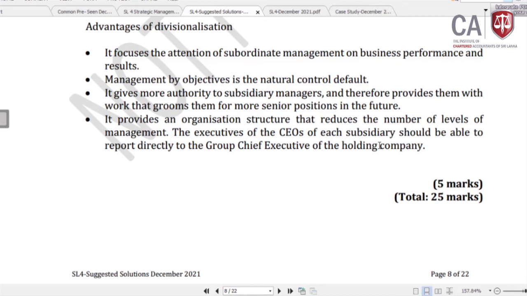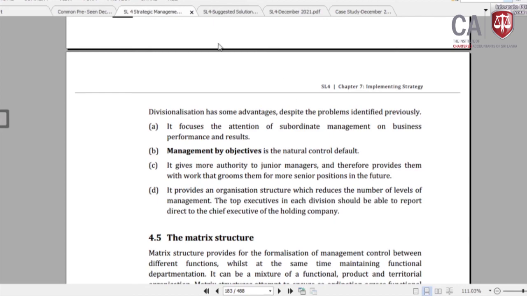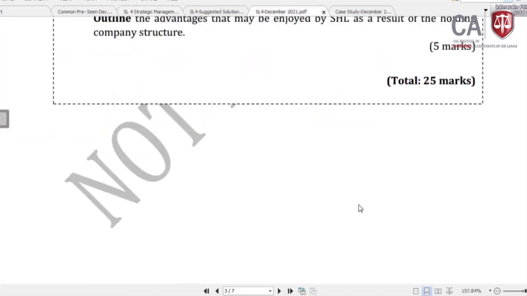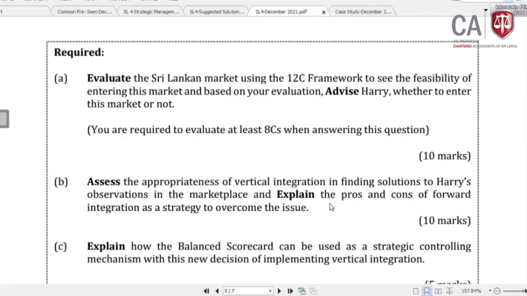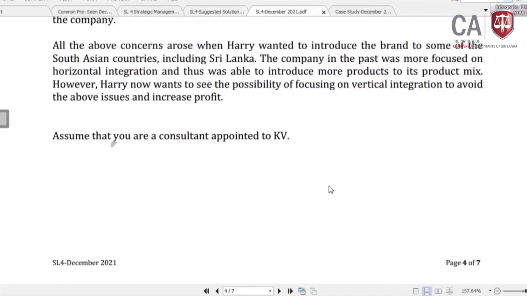For that purpose, you should have done a detailed study. That is why this paper becomes tougher. So, with that we can complete question number 1.